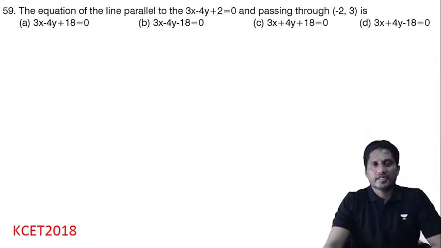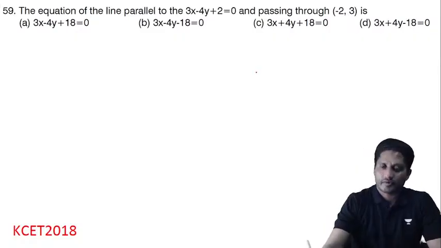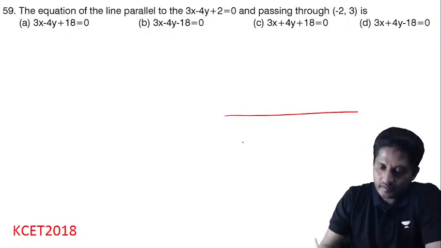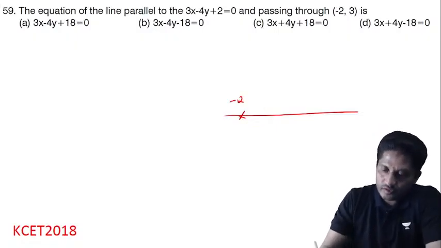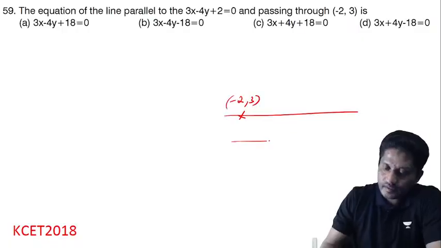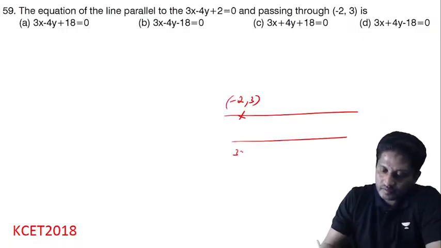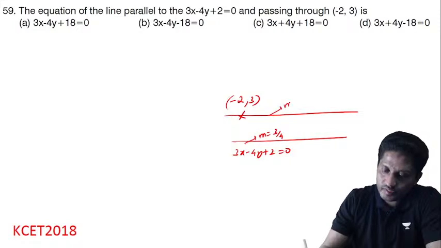The equation of a line parallel to this and passing through. Okay, I am supposed to find the equation of a line passing through the point minus 2, 3, parallel to the line 3x minus 4y plus 2 is equal to 0. Slope of this is minus a by b, which is 3 by 4. Here the slope is 3 by 4.